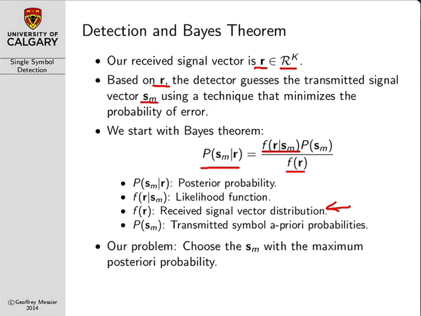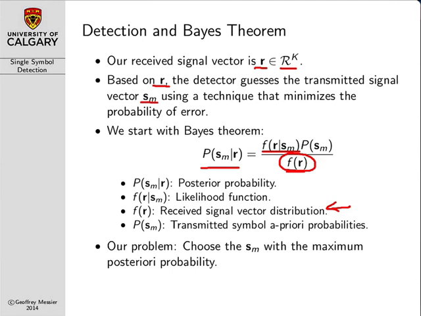The likelihood function is a PDF where we fix the transmitted signal vector to be just one signal vector. FR, the PDF that we have in our denominator here, is the PDF if we look at how the received signal vector changes for all values of noise and for all values of transmitted signal vector. And so FR is basically the total variation we see in R for all possible signal vectors.